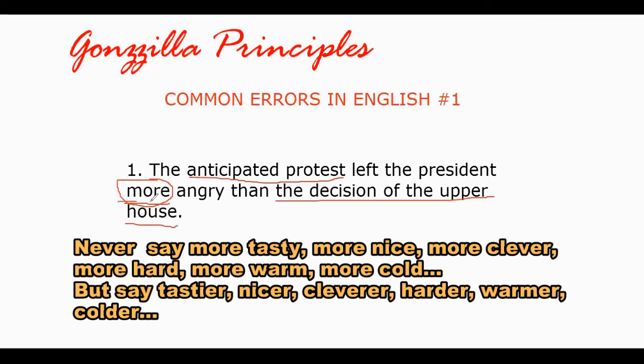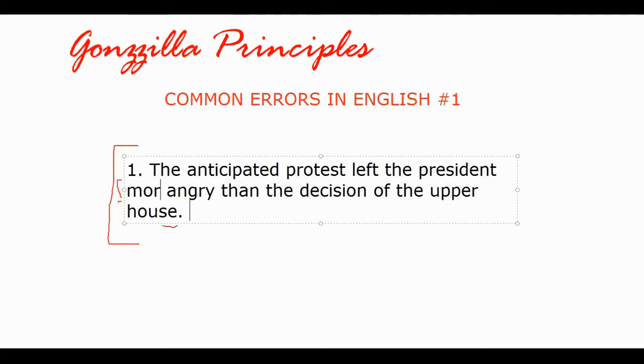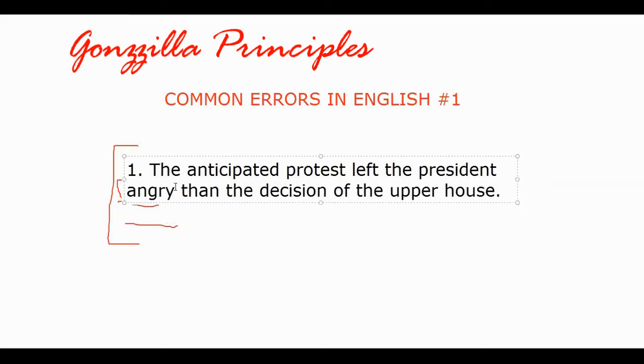In this case, saying more angry makes the structure of the sentence inappropriate. In a better way, I could say the anticipated protest left the president angrier than the decision of the upper house. So I would correct the sentence by taking away more and changing this adjective.